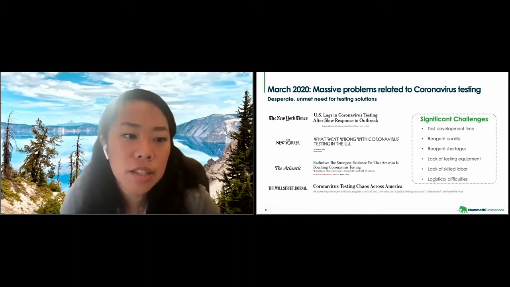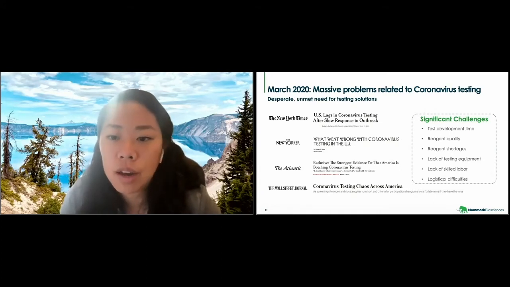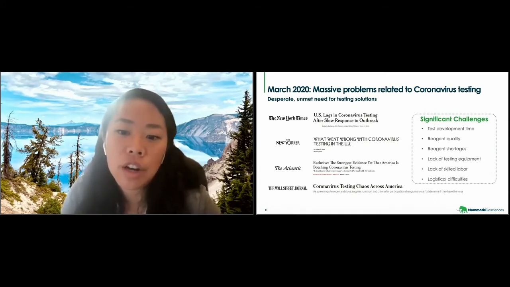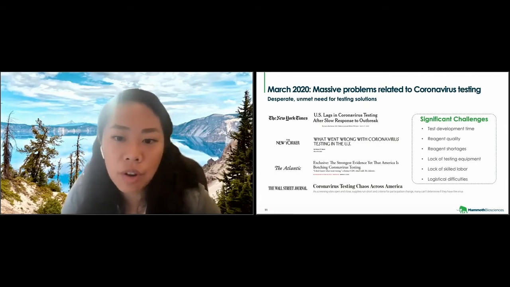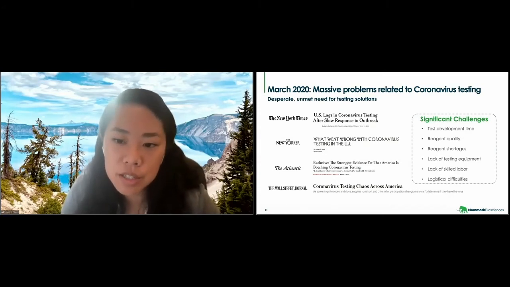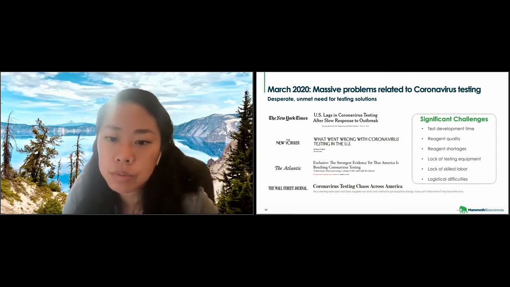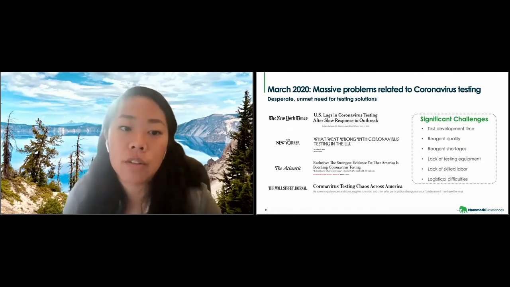And what you can see here is a very small subset of articles that were coming out describing the massive problems related to coronavirus testing that caused major bottlenecks in deploying an effective pandemic response, ranging from a dearth of coronavirus tests to poor reagent quality, supply chain issues, logistic difficulties, and the list goes on. A lot of these early missteps really affected our efforts to stay ahead of the virus, and many of those challenges really outstripped our ability to deliver on an effective strategy.